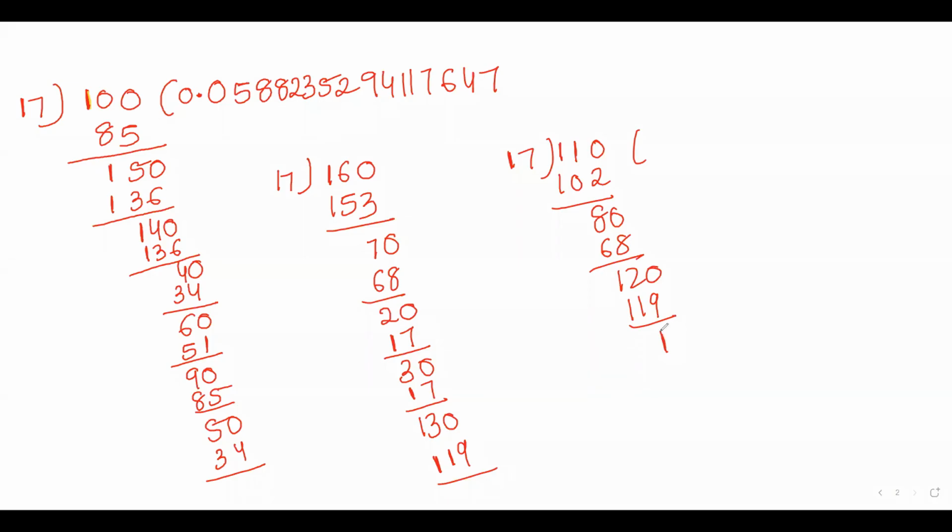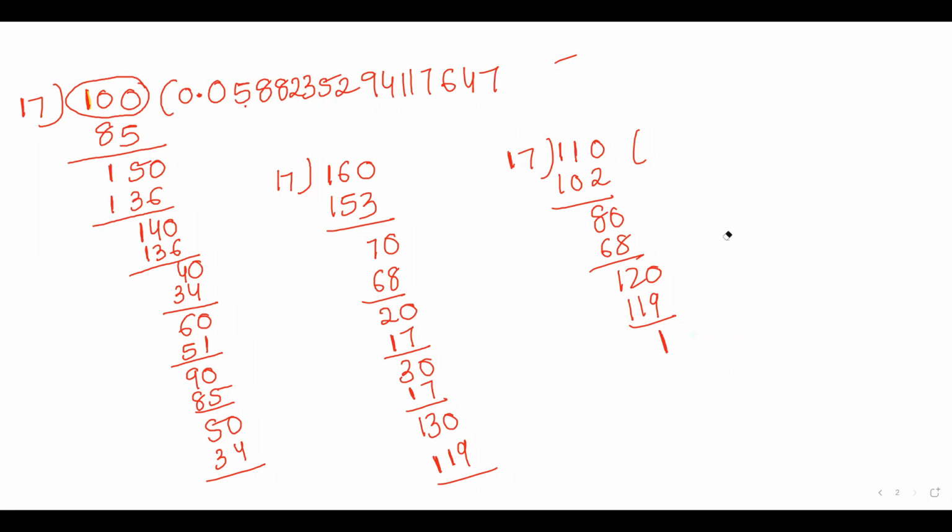So we got remainder 1, which means it will start again. You have to put a 0 to get 100 and this will start again. Now 5 will come, 17 5s are 85, and the whole thing will repeat again.